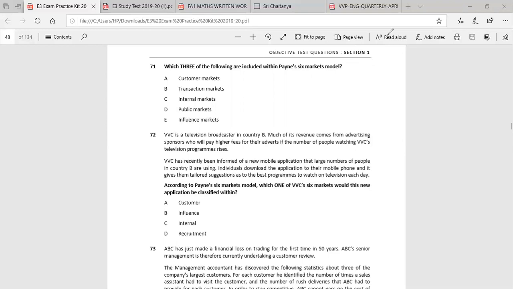Just because I asked why, they influence viewers. Okay, because of the suggestions given. That's right. It influences them. It gives them tailored suggestions as to the best programs to watch on television each day. That's influence markets. So they are influencing the viewers.